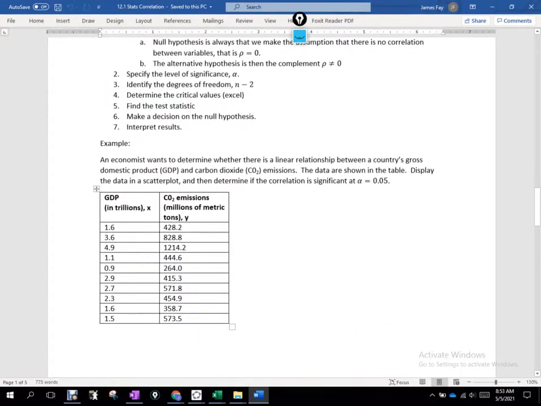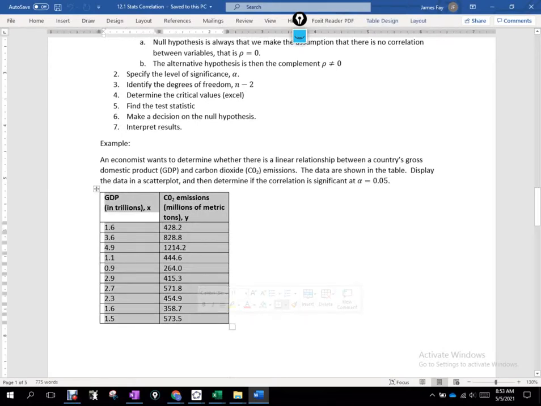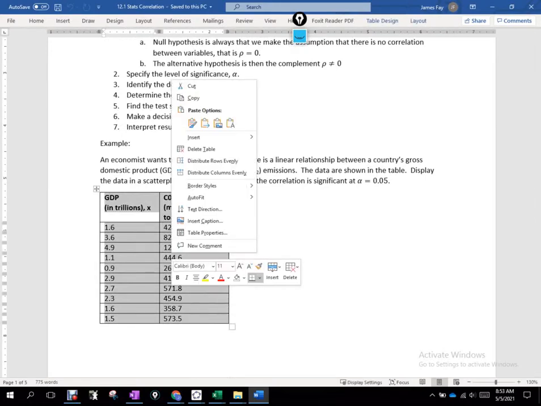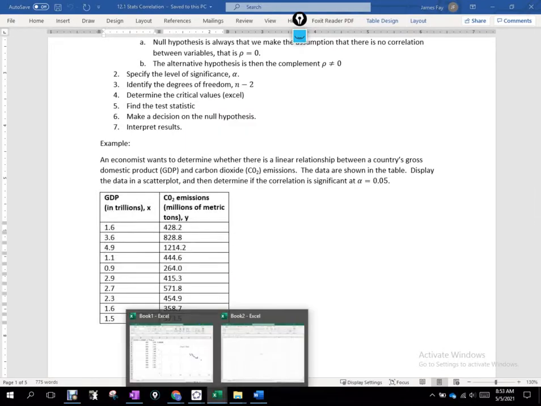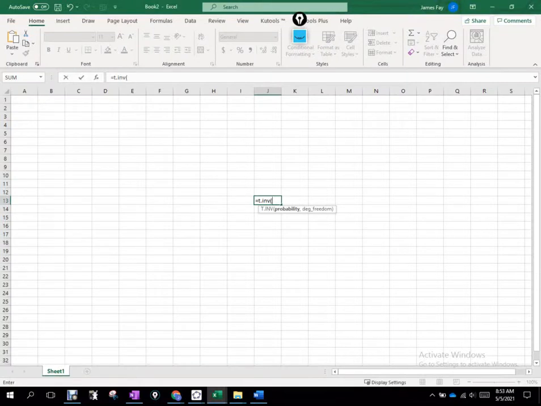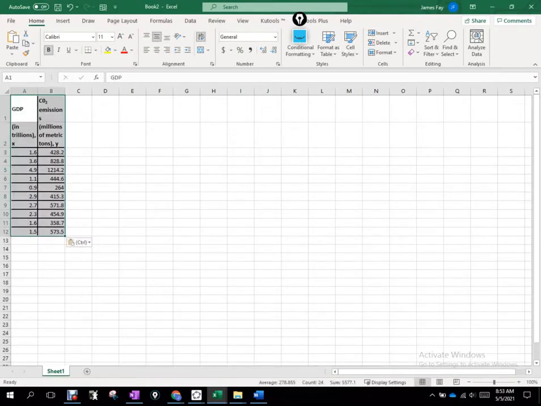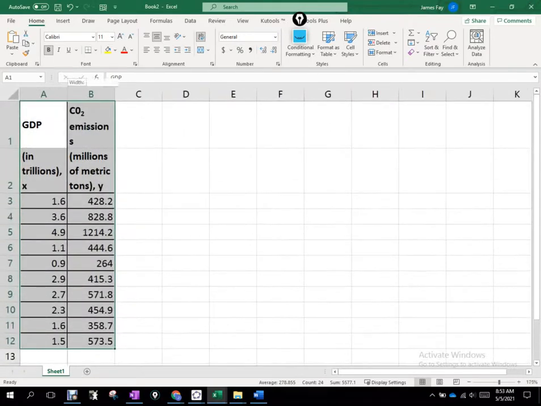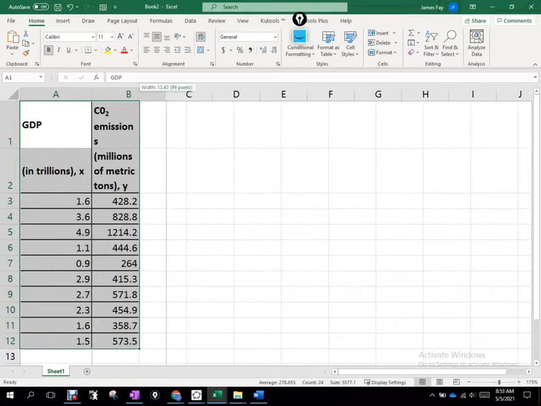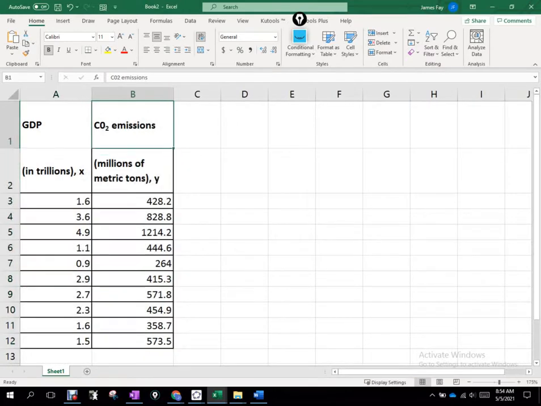So I'm just going to Control-C or right-click, copy, and then go into Excel and hit Control-V, paste everything in. You can format that as you see fit. But that's our data. Okay?